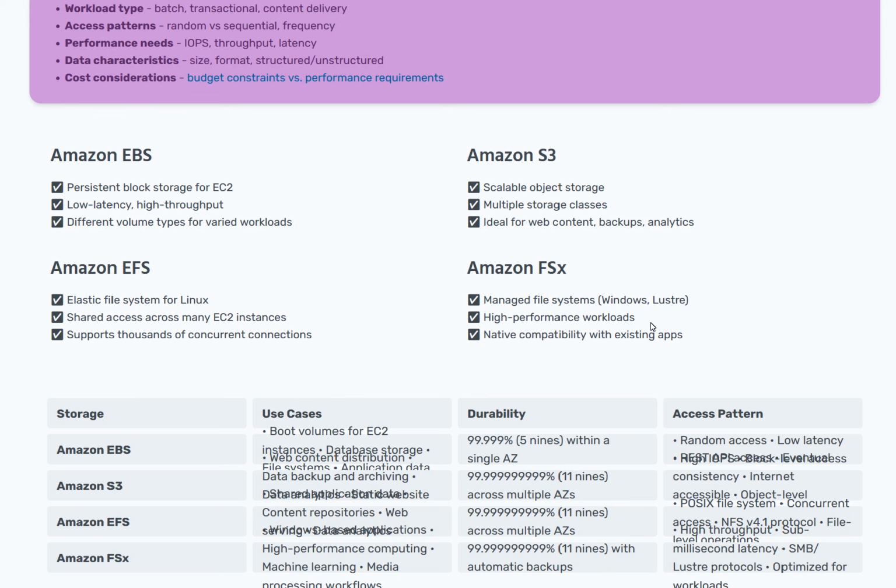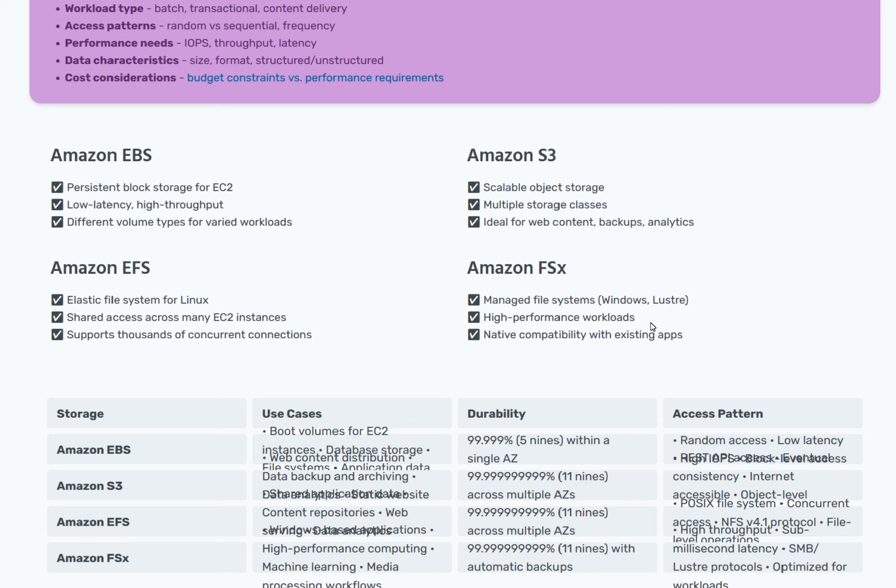It's not formatted properly, but Amazon EBS is basically good for boot volumes for EC2, and then for things like databases, which are online transaction processing workloads. Durability is 5 nines within a single availability zone, right? Then you have S3.